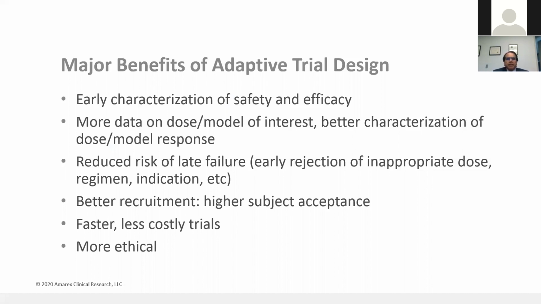The more data that you have, the better we'll be able to have knowledge of the power and the successfulness of the drug or not. The main component of doing an adaptive trial design is to reduce the risk of late failure.